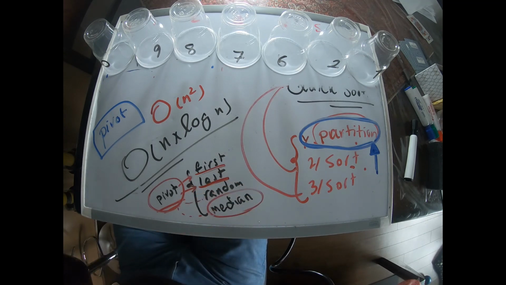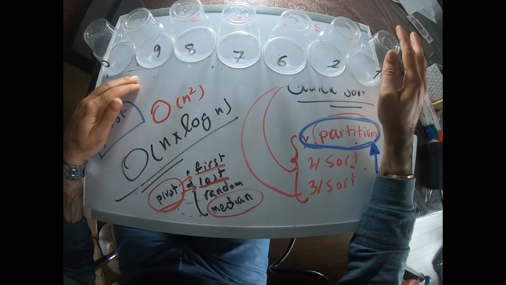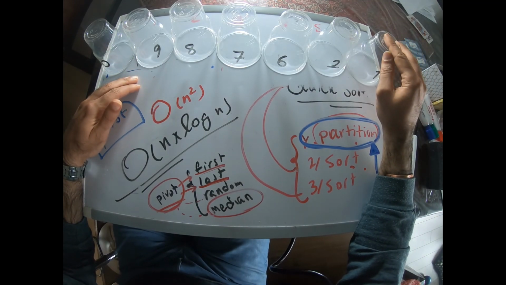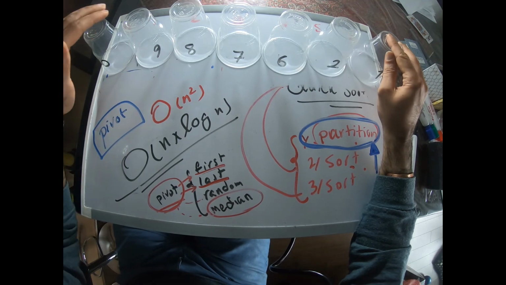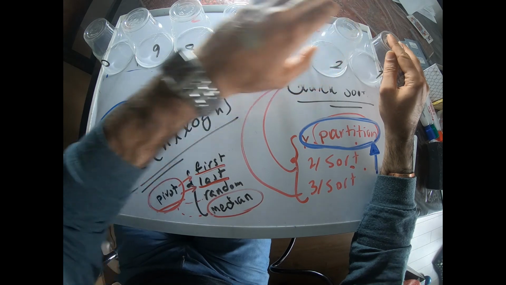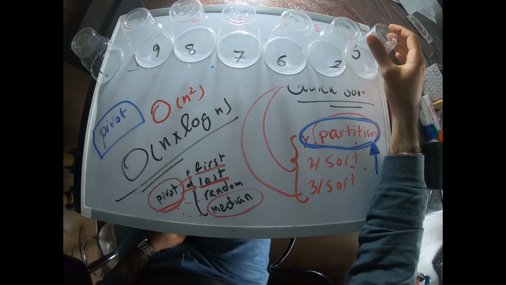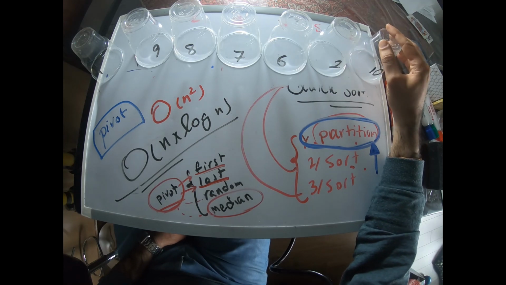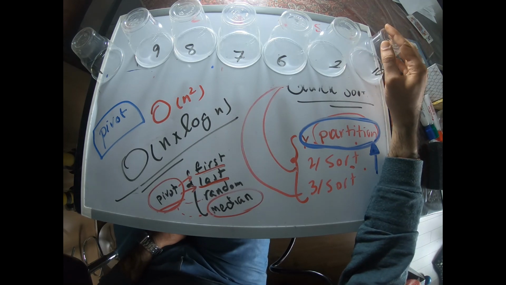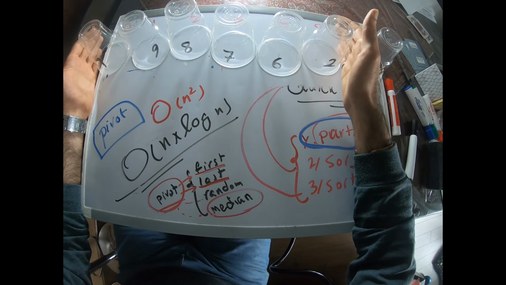Okay, so in this case, let's say that I choose this one as the pivot. It's not smaller, it's not smaller, it's not smaller. Okay, so this is gonna be moving here. What happened now? This whole array is my sub array.